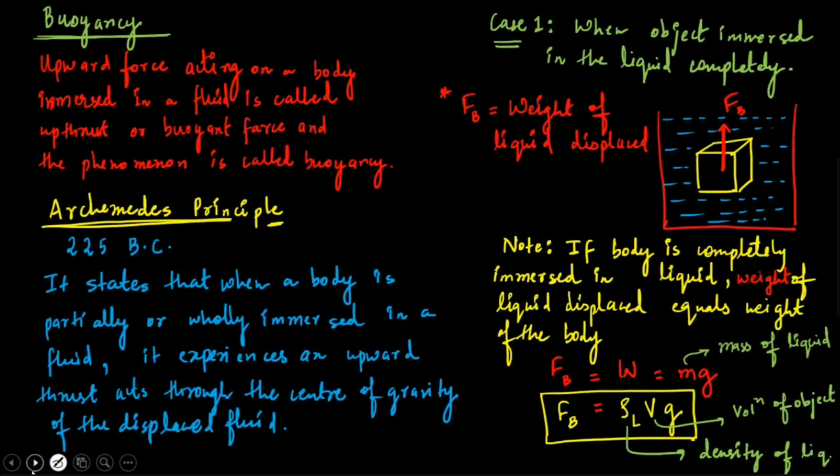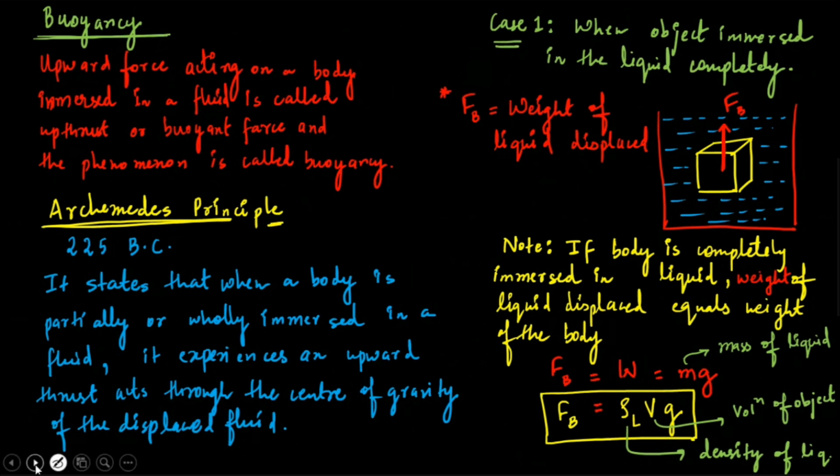Then we came across a very important phenomenon which is known as buoyancy. Buoyancy is basically the upthrust which a liquid exerts on any object when it is immersed in it. It is a tendency of every type of liquid. Specifically, not just liquid, I should say fluids, because gases do the same just as liquids do. Apart from this, we talked about Archimedes principle. We understood how much force an object is going to experience based upon the density of the object as well as the density of the liquid.